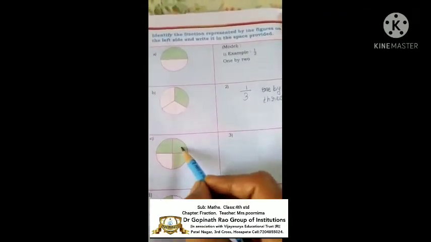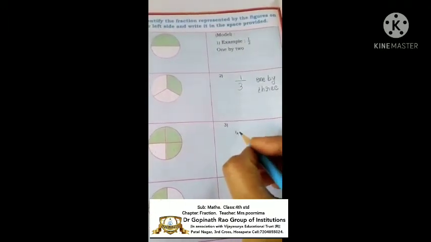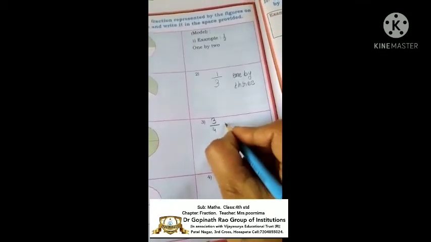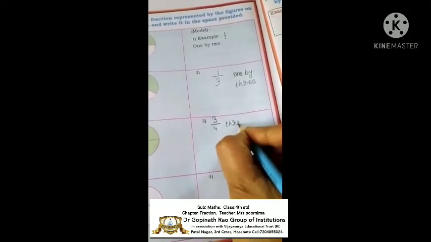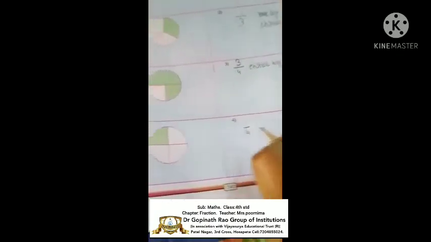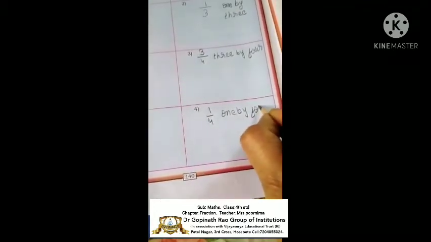Next, count 1, 2, 3, 4. We have to write 3 by 4. Here 1, 2, 3, 4, and 1 is cut, so 1 by 4.